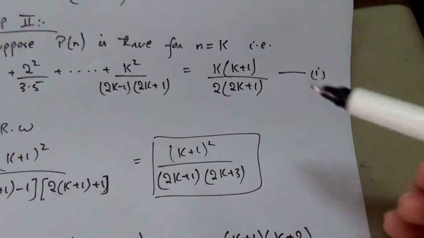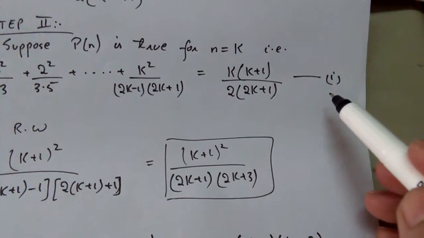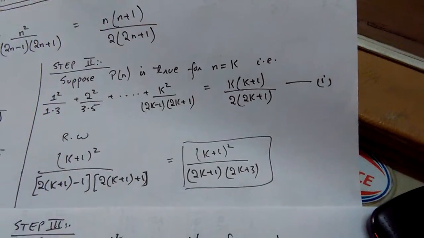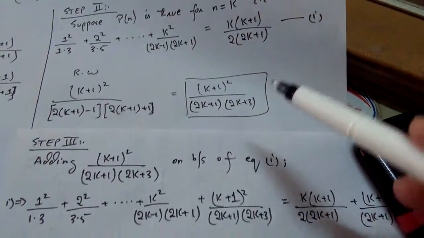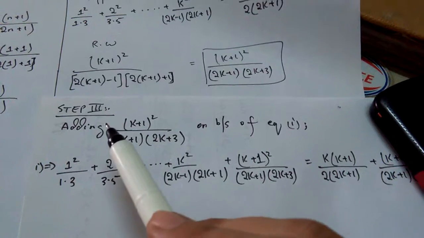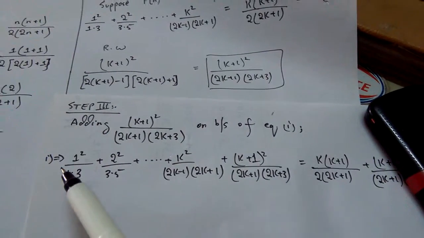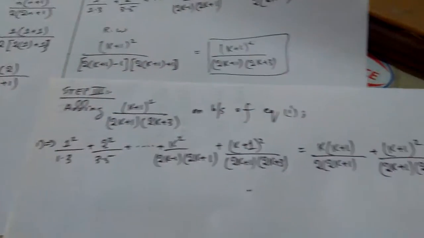Okay, so let us add this term at both sides of your equation number 1 and move ahead to step 3. Once I add this term at both sides of equation number 1, I start my step number 3, and that's how it is going to be.